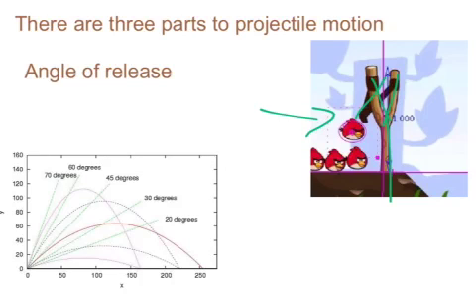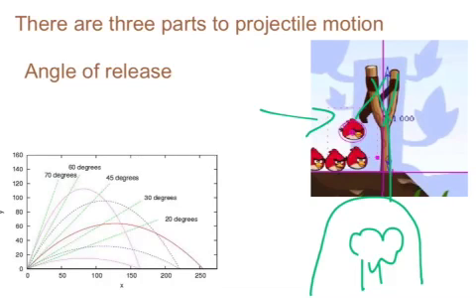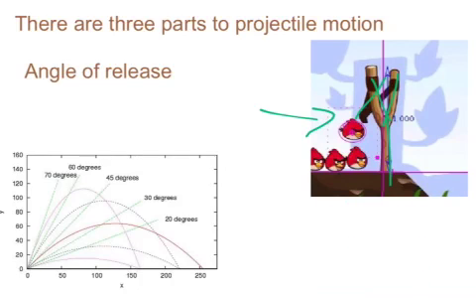If you want to chip something over a tree, you're going to need a steeper angle of release to get over there, whereas if you want to shoot something underneath, or you want to get an object further without traveling too far in the air, your angle of release will be less.